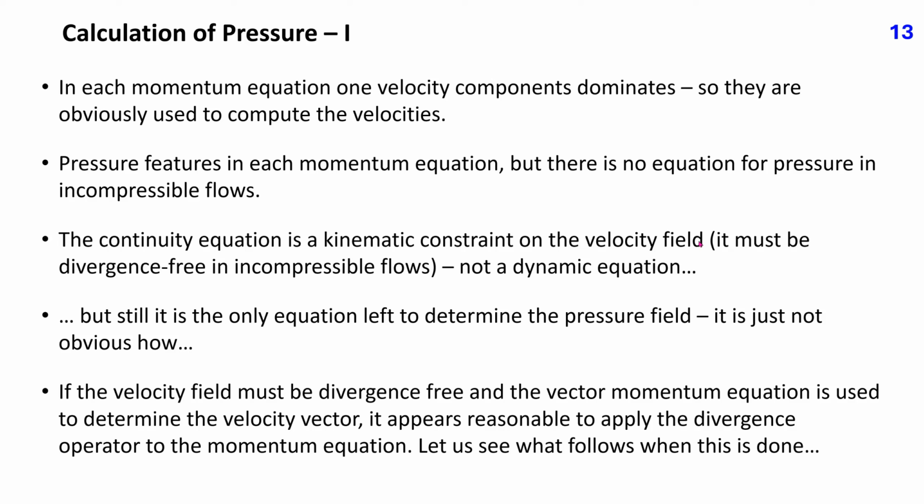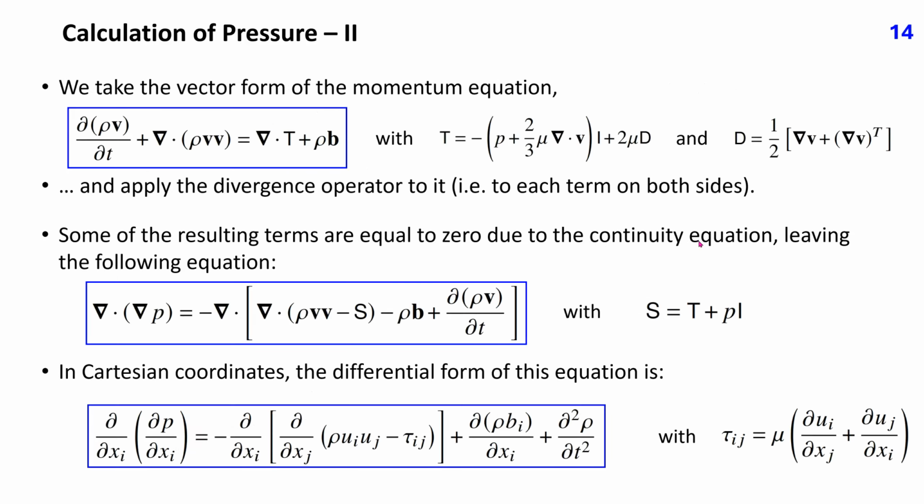If the velocity field must be divergence-free and the vector momentum equation is used to determine the velocity vector, it appears reasonable to apply the divergence operator to the momentum equation. Let us see what follows when this is done. We take the vector form of the momentum equation given here with this definition of the stress tensor. In incompressible flows, this part is zero, so only pressure and viscous stresses remain.